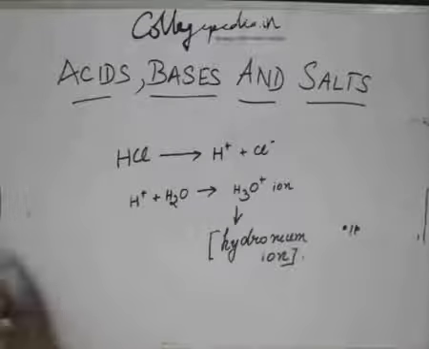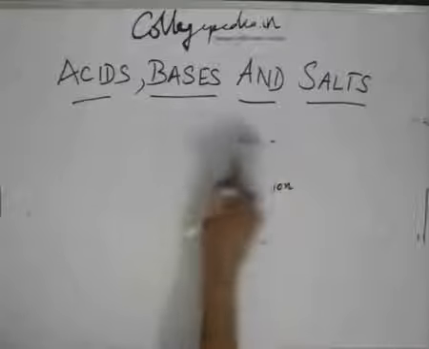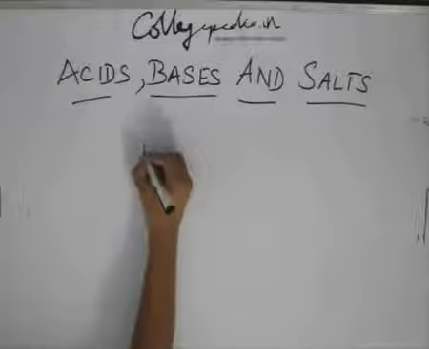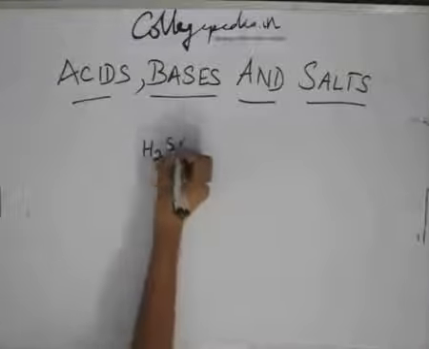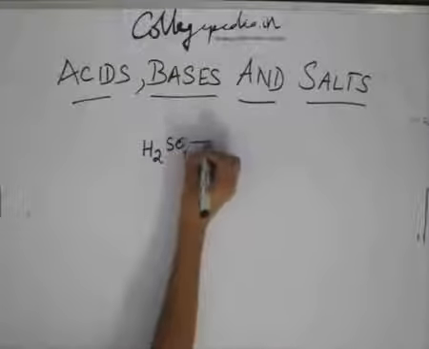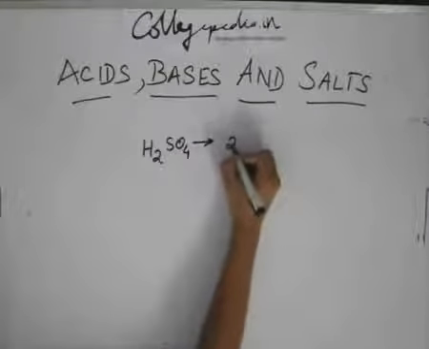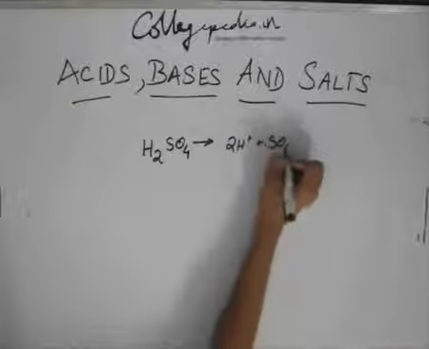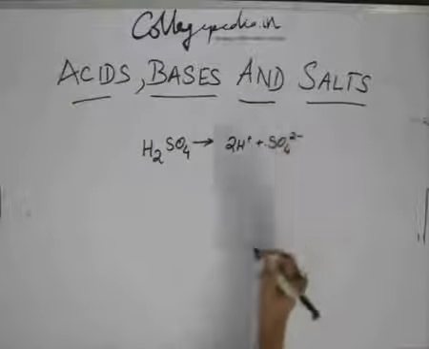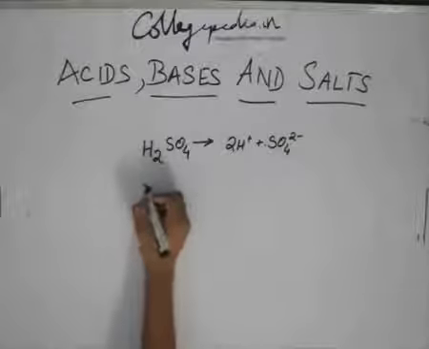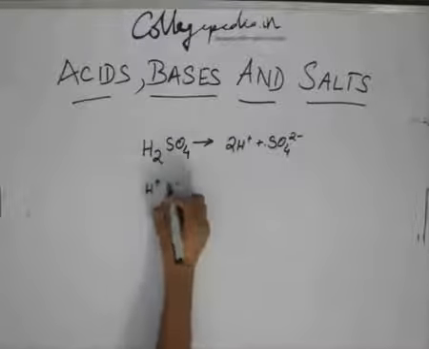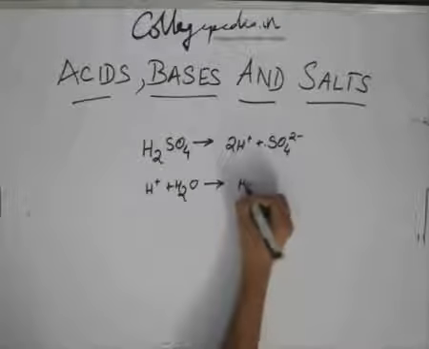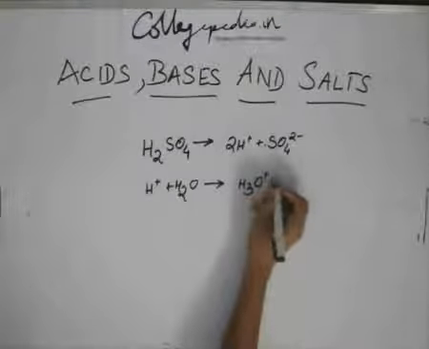Similarly, our sulfuric acid, H2SO4, will generate two H plus ions and SO4 2 minus ions, and these H plus ions will get attached to water molecules, forming H3O plus ions.